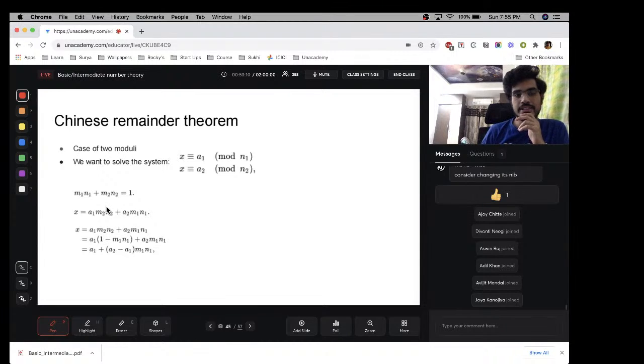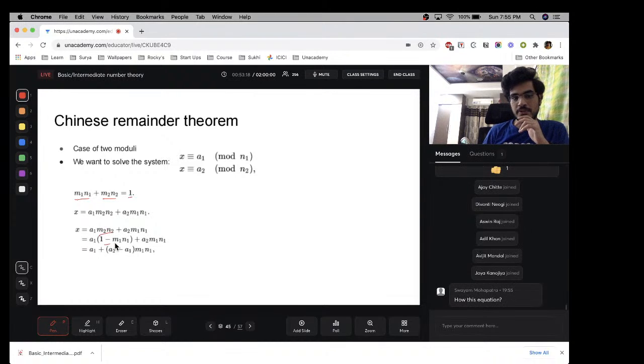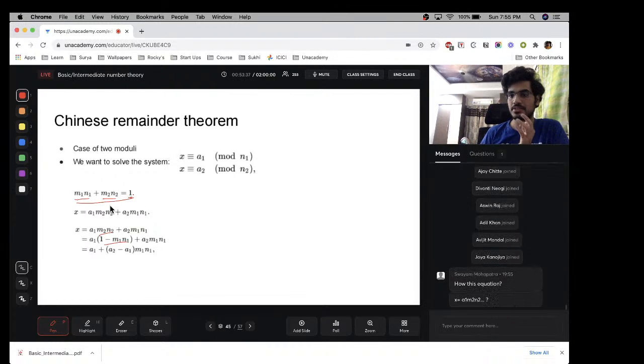Since m1 n1 plus m2 n2 is equal to 1, m2 n2 can be rewritten as 1 minus m1 n1. We found this using Euclid's extended algorithm. Bezout's identity states that such m1 and m2 exist.